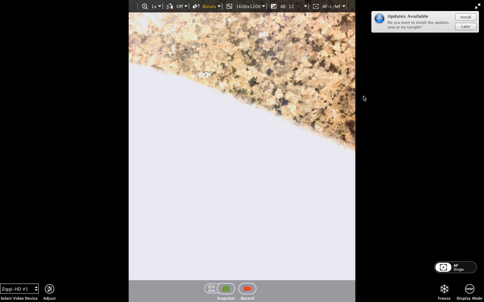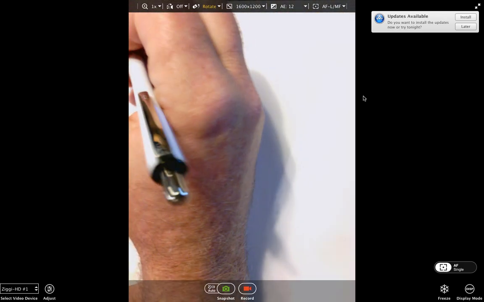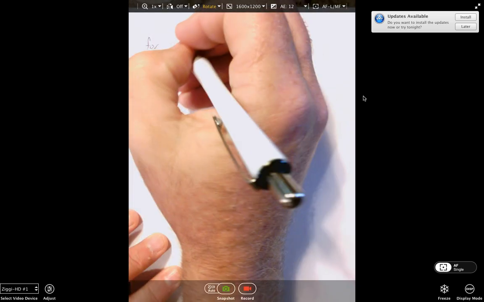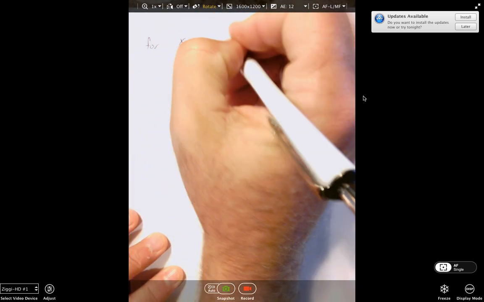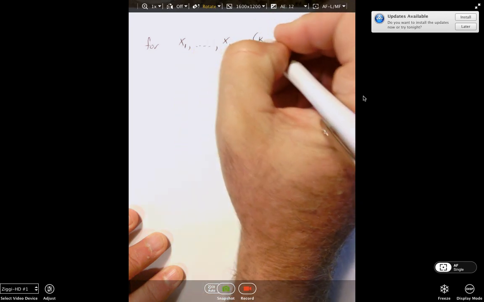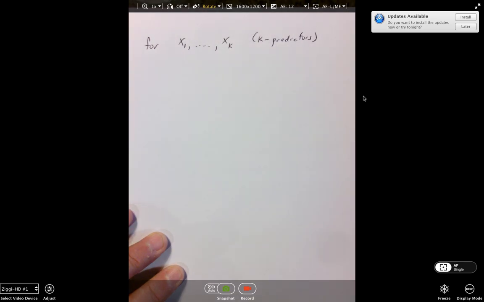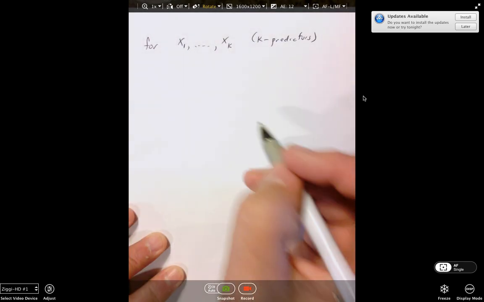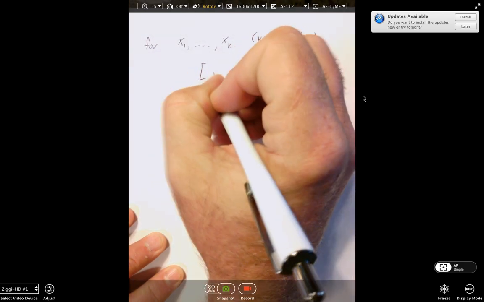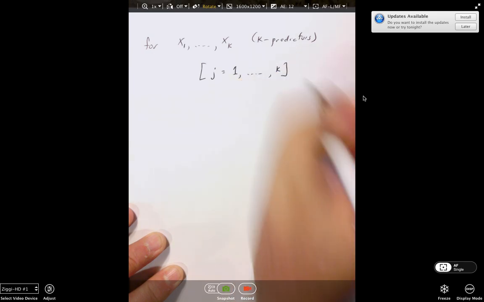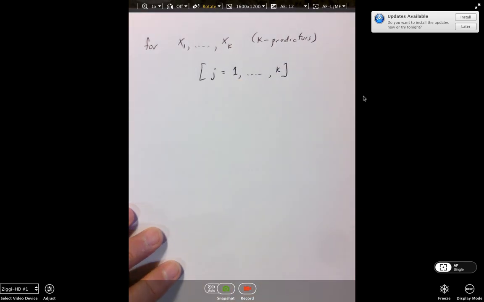For our x's, it's a little more complicated. So for x1 up to xk, we have k predictors, and let's run this j from 1 all the way up to k. So I'm going to use j as the subscript.